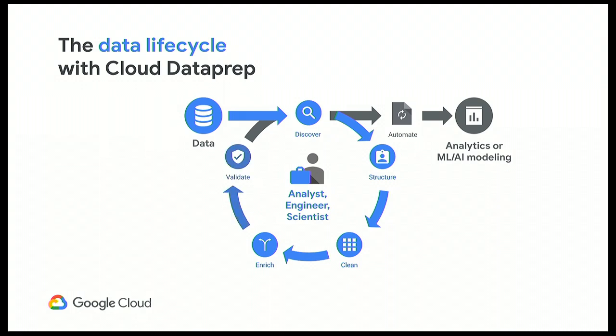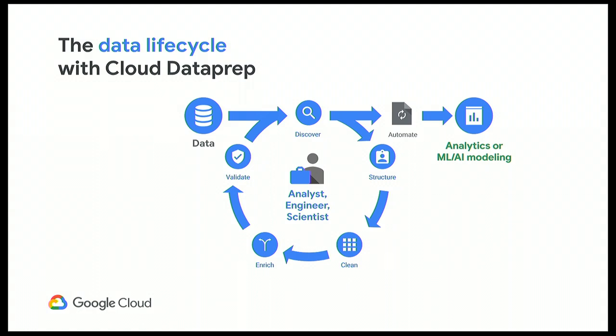Following that, then you'll validate it to make sure it conforms to your organization's rules and definitions. And ideally, this whole thing goes into downstream analytics, like I said, Data Studio or ML initiative from there.